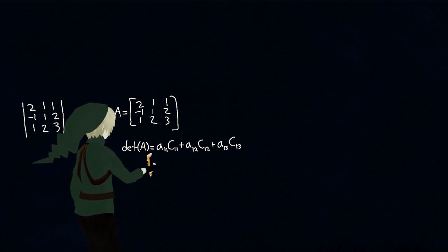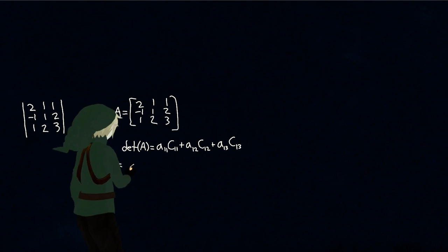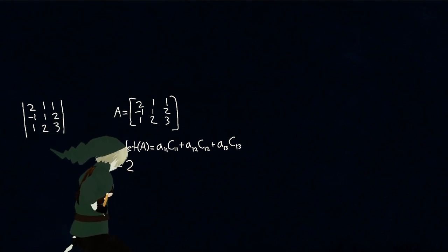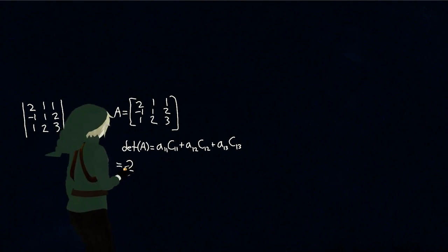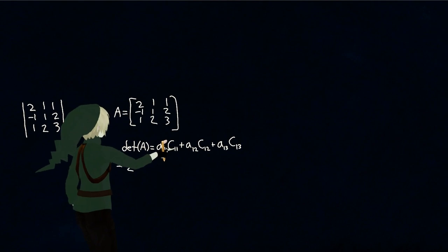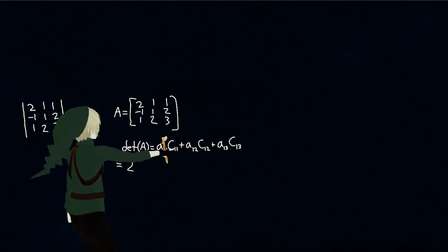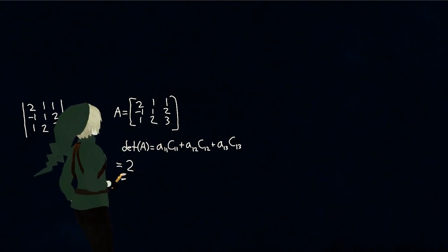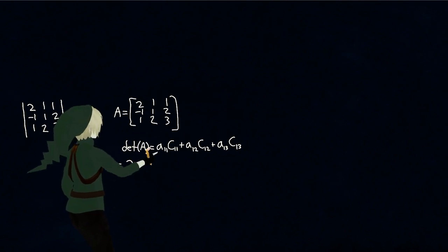Now, what would this equal? We have A11, which is the entry 2. So we have 2 times C11. What submatrix is that? Our cofactor C11 means we're dealing with a submatrix of A11.